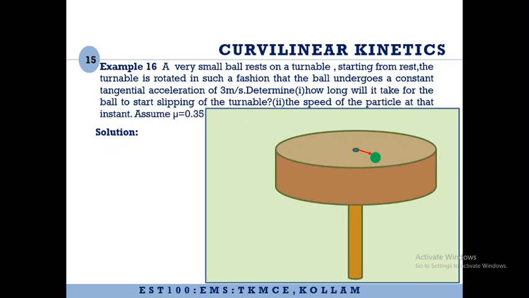That means the only reason why the ball is able to rotate along with the turntable is that it has a centripetal acceleration, and this acceleration is provided by the frictional force between the ball and the turntable, similar to the case wherein a car is taking a curved path. So only because there is friction, it is able to undergo a circular or curvilinear motion.